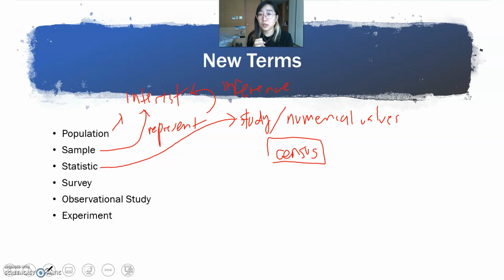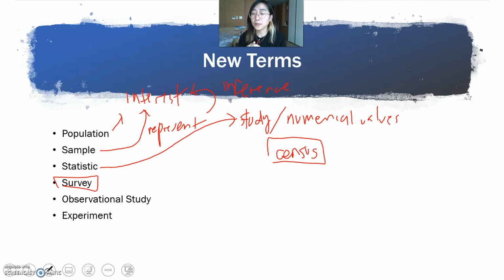So there is no, what's the word, anomaly, like someone who's very unusual, right? Because you are covering everything, you're seeing everything from the very unusual to the very usual, generic things. So census is surveying every single one in your population.